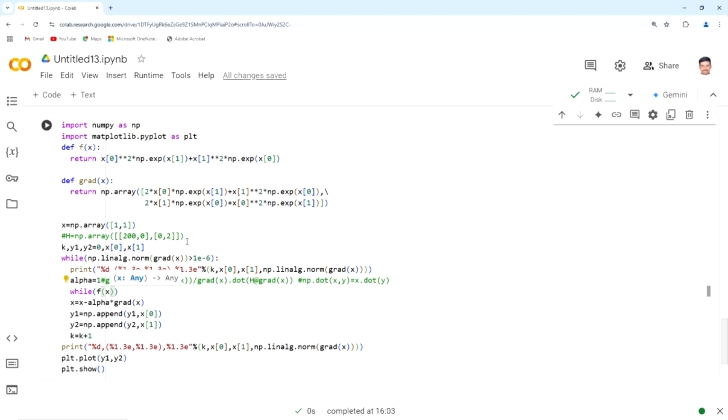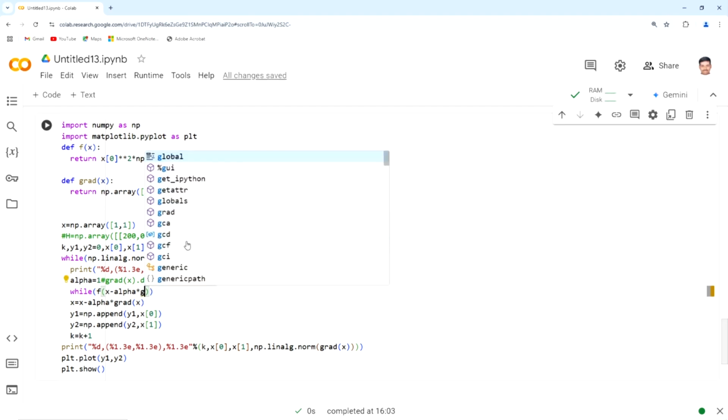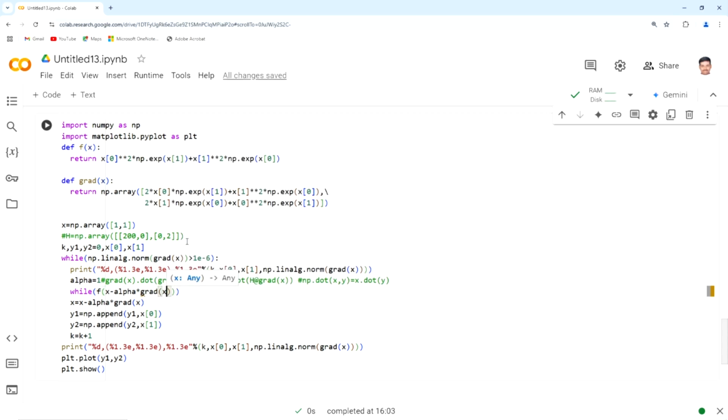So, it is f of x minus alpha into g, because f of x plus alpha d is just x minus alpha into grad of x, minus f of x, greater than c 1 into alpha into grad of x dot minus grad of x. I will write a minus in front.